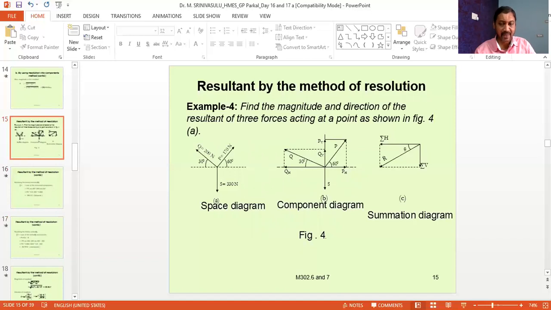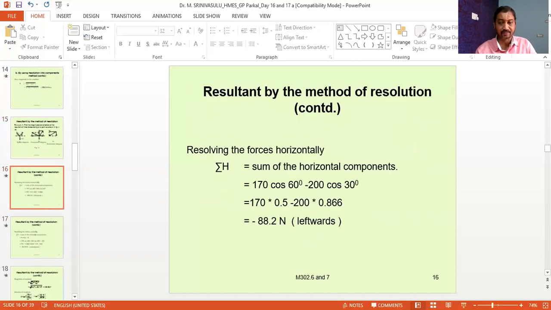So PV plus QV. And here the third force, the vertical force. The vertical component of the vertical force is equal to the force itself, that is S, but it is acting downward, so it is negative. So the first two, PV and QV, are positive, and S is negative here.